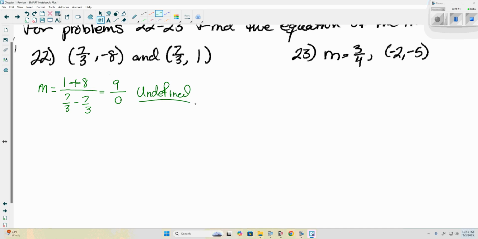Slope's undefined because we can't divide by 0. Which means we have a vertical line going up and down. So it's just x equals. If the slope is 0, if the numerator was 0, it's going to be y equals.